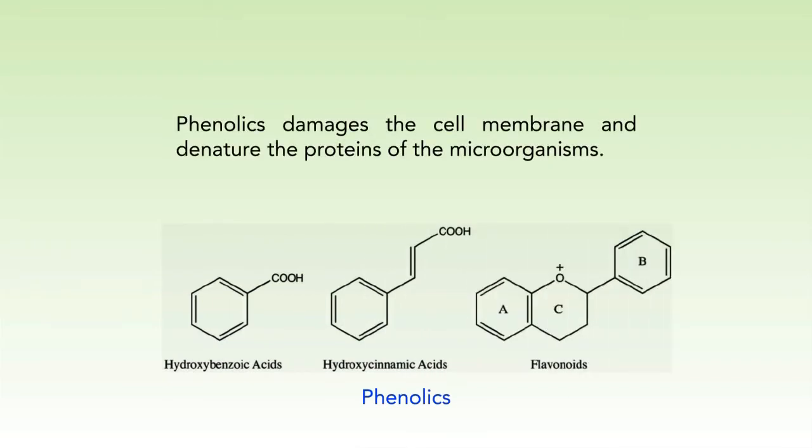Phenolics damage the cell membrane and denature the proteins of the microorganism. They are also effective in the presence of organic material and remain active on surfaces long after application.